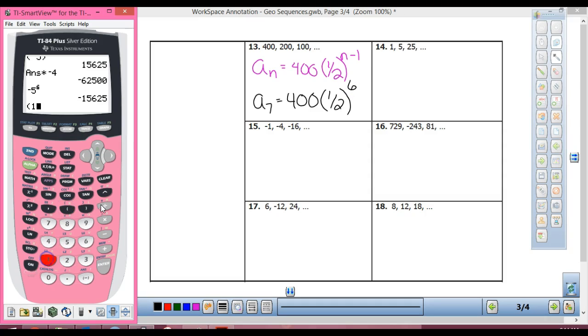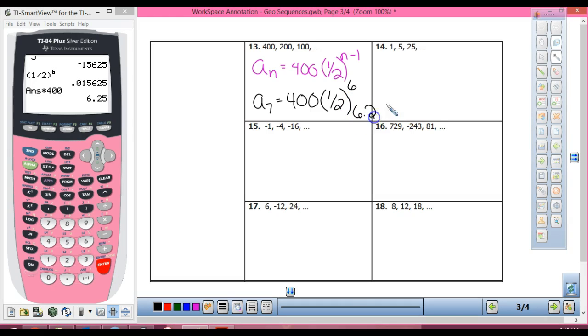So 1/2 has to go in parentheses. 1/2 to the 6th power gives us a crazy decimal times 400 equals 6.25. Are we good? I want to flip that page. We're on the next page.